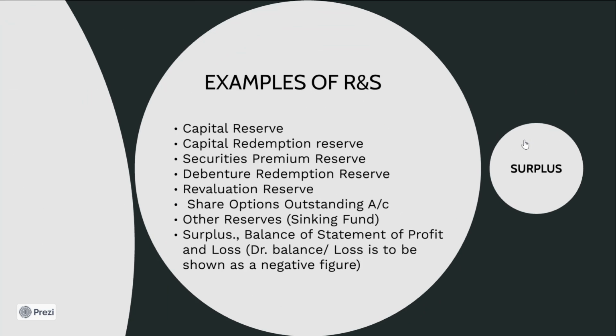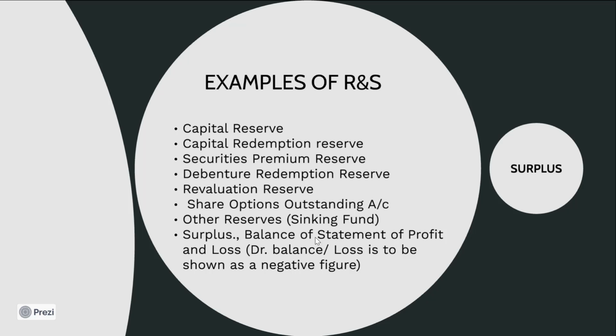The examples of reserves and surplus: capital reserve, capital redemption reserve, securities premium reserve, debenture redemption reserve, revaluation reserve, share options outstanding account, other reserves such as sinking fund, and surplus balance of statement of profit and loss.